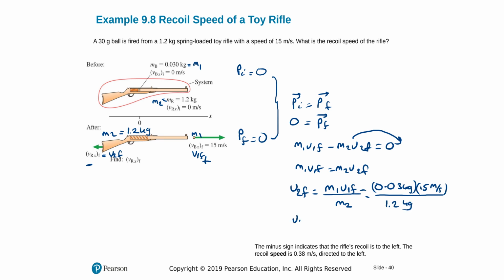And if you put in all those numbers and do the calculation, you'll find the velocity of the recoil of the rifle to be 0.38. Again, I'm calculating this as magnitude, but I already figured out from logic that it's negative.